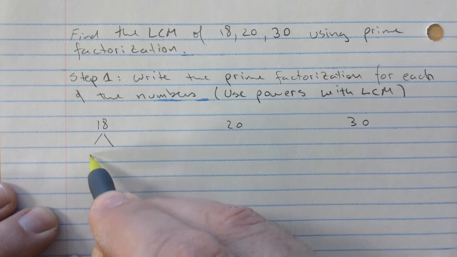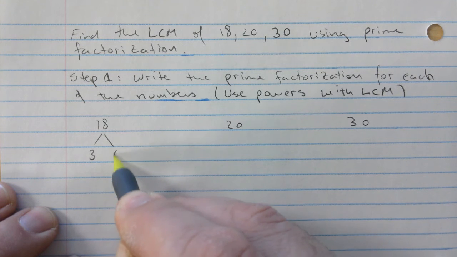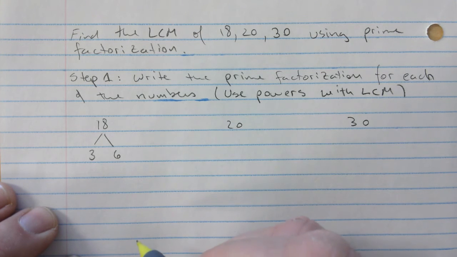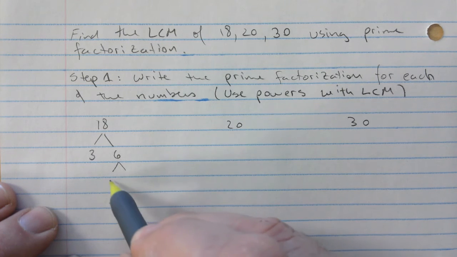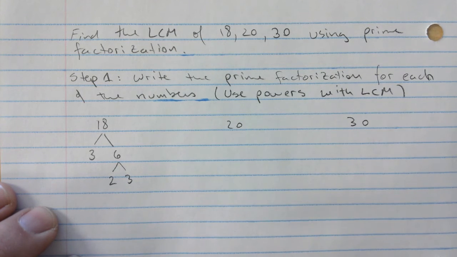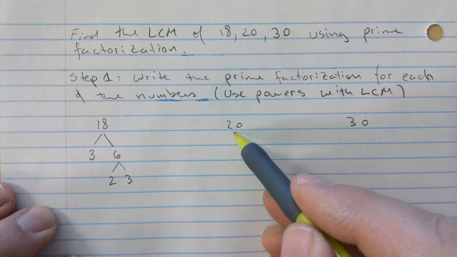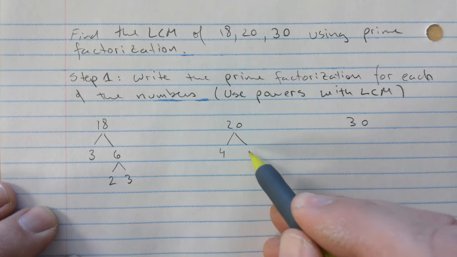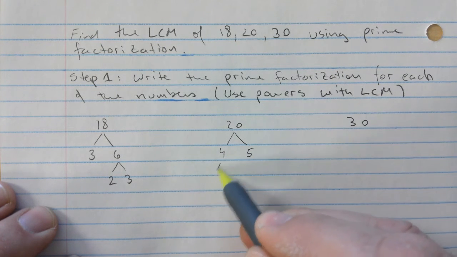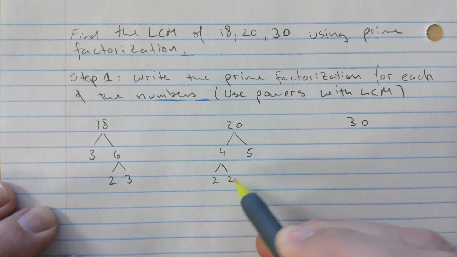So let's break it down, right? This could be 3 times 6 or 2 times 9, yes, right? And this is 2 times 3. Then we break down the next one. You go 2 times 10 or 4 times 5. It's up to you, and the 4 is still a composite.